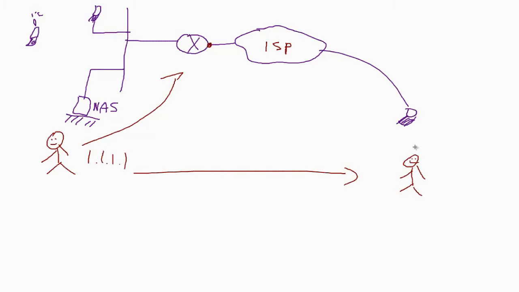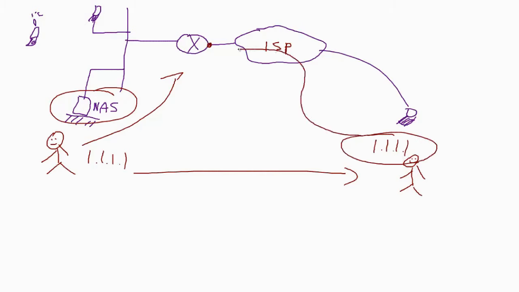You're in a meeting, and now you realize, oh, I need one file from my NAS server. That's not a problem. I have my IP address, 1.1.1.1. You type it in your browser, and unfortunately it goes somewhere else.